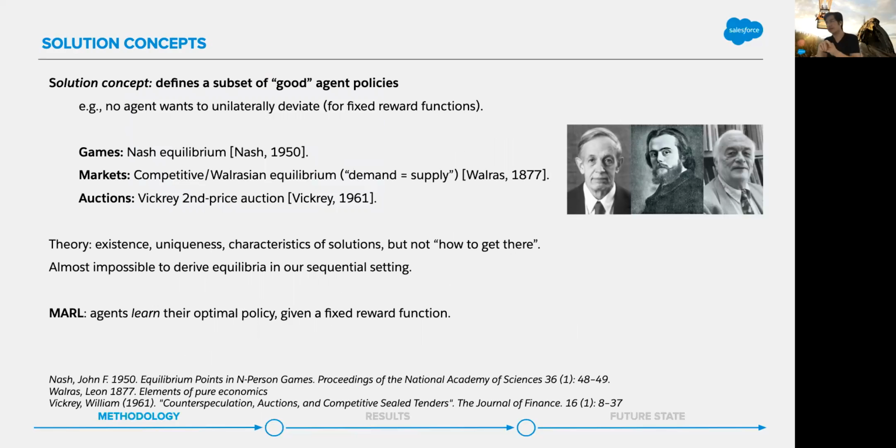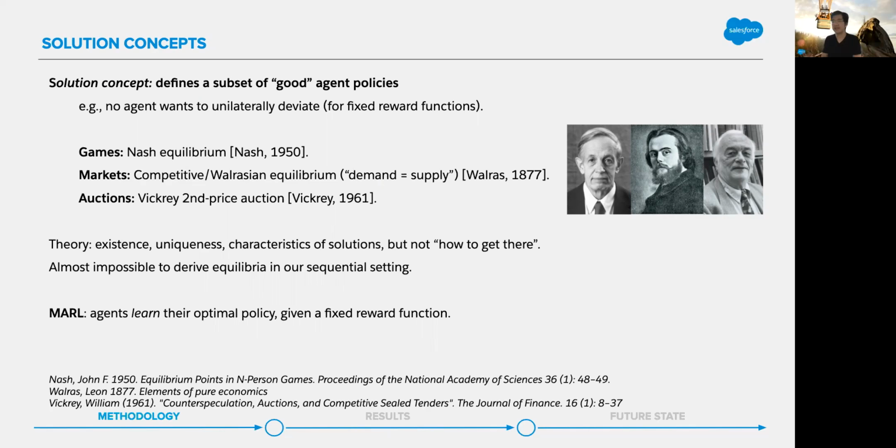Now, this leads to a concept in multi-agent learning, game theory and a number of other fields, which is called the solution concept. The question is, if I give you a problem with multiple entities that are all trying to optimize for their own objective, then what is the subset of optimal policies for each agent in your system?